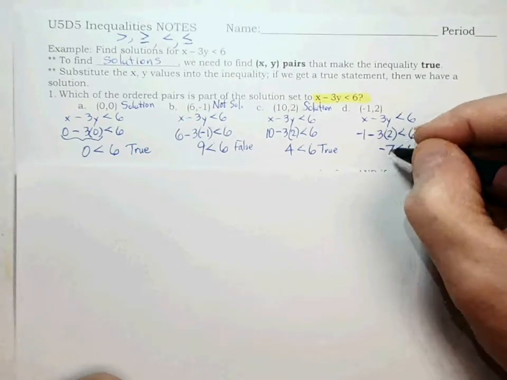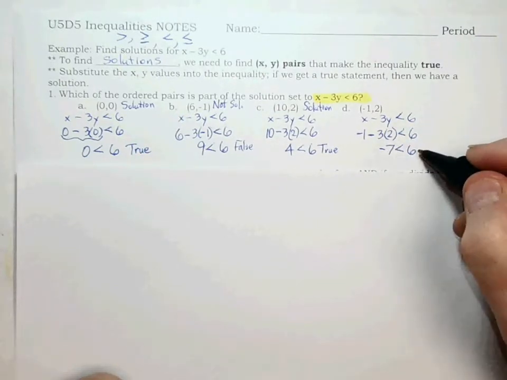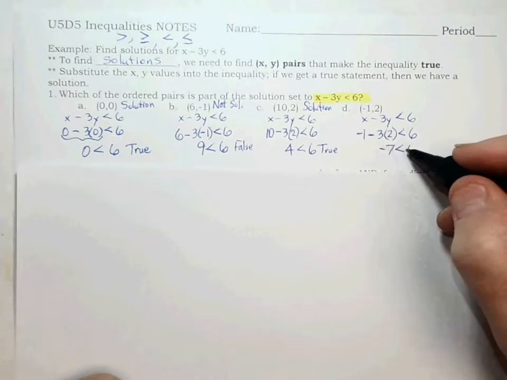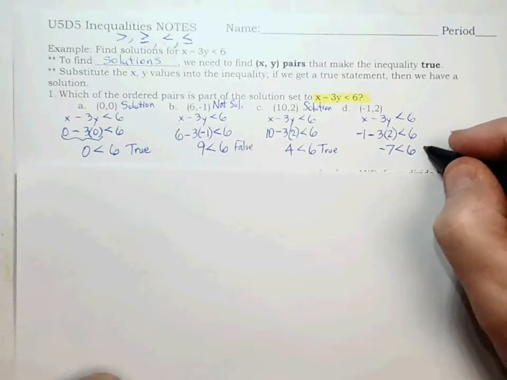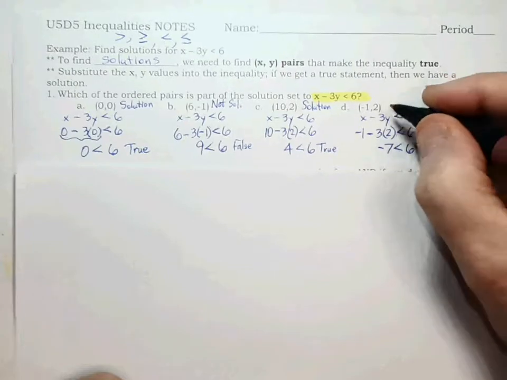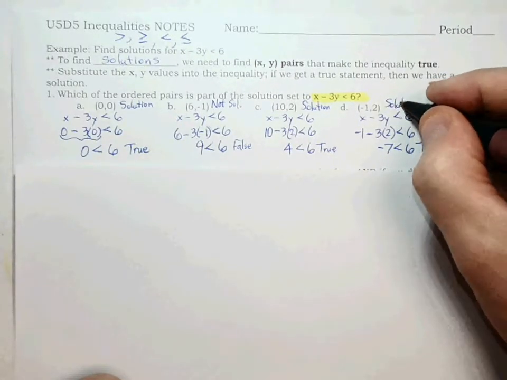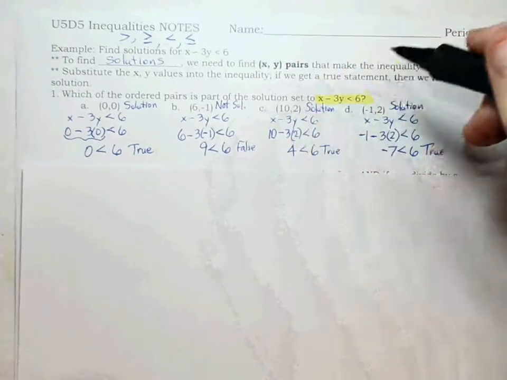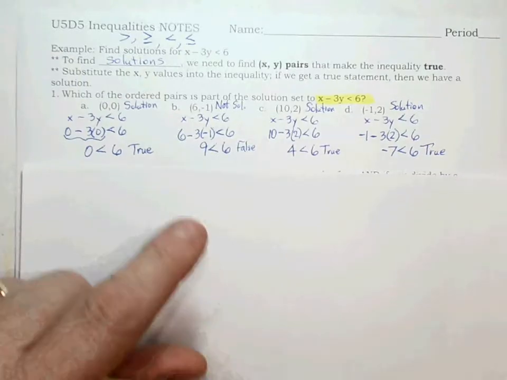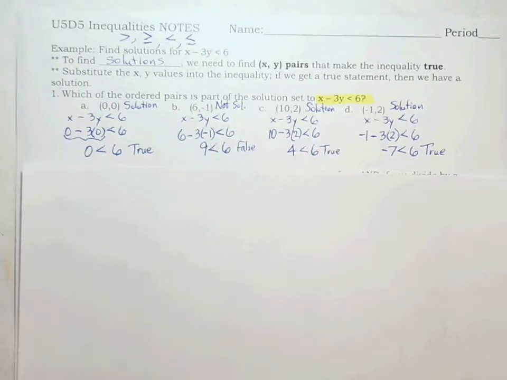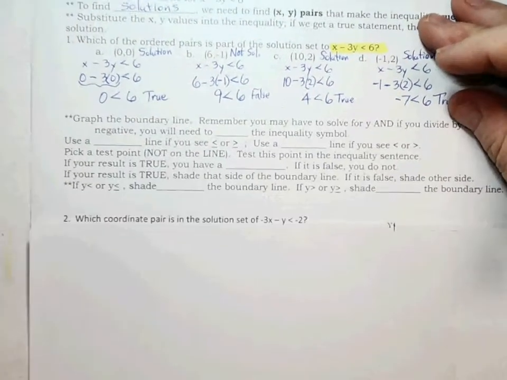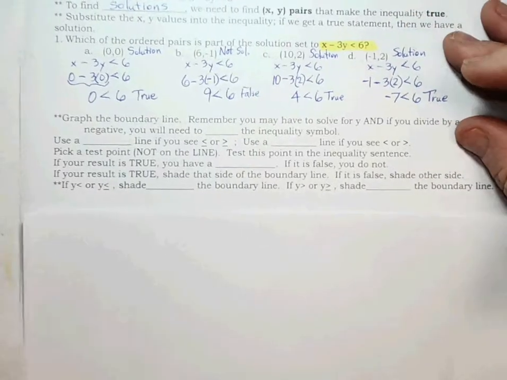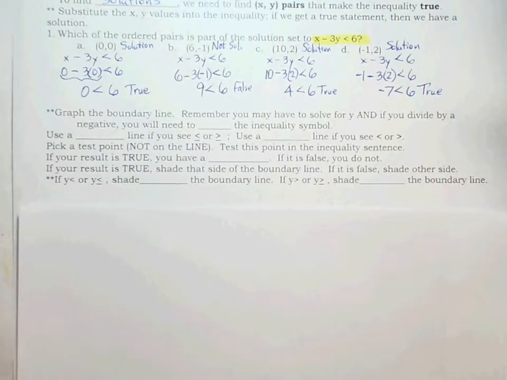What do we know about all negatives compared to positives? All negatives are less than positives. So this one is true. That makes this a solution. So that's how you check it when you don't have a graph and they just give you the inequality in a point. Okay? So now let's fill in some of these blanks and talk about graphing.